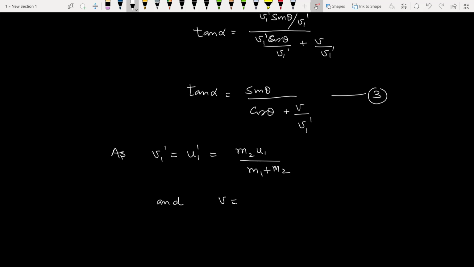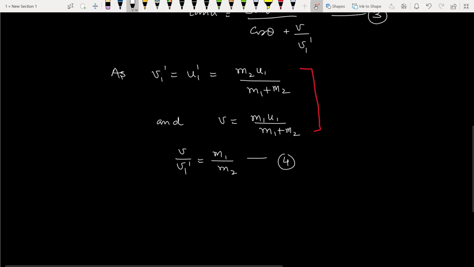And one more formula we have derived, v equals m1 u1 over m1 plus m2. So from these two formulas we can easily get the value of v upon v1 dash. All the parameters will cancel out, u1 and m1 plus m2, so it will be m1 upon m2. We mark this as equation number 4.